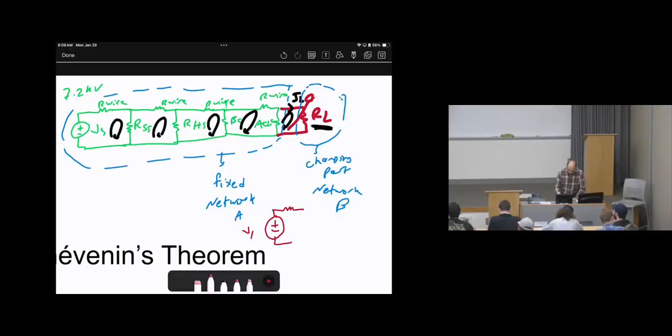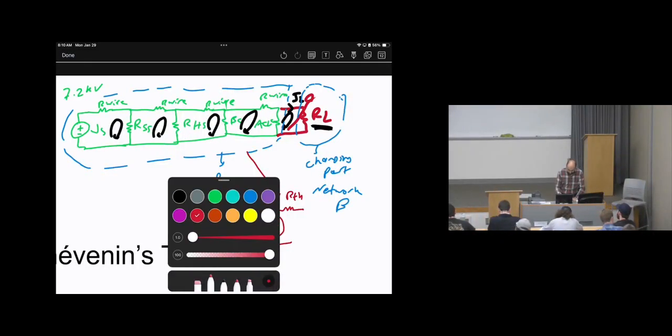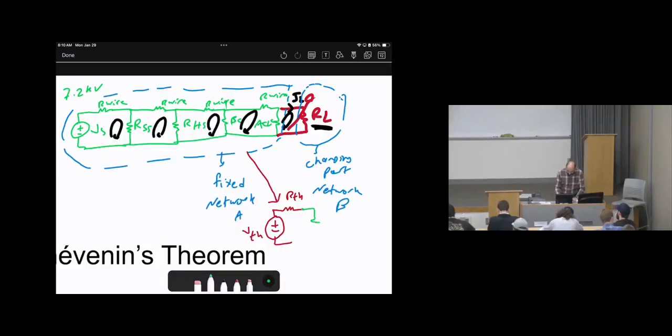This we will call V Thevenin, and the other one will be R Thevenin. So we will replace that big electrical connection system with a voltage source and a series resistance. Then network B, the changing part, will remain as is. Okay?